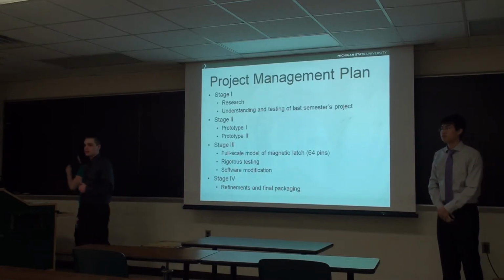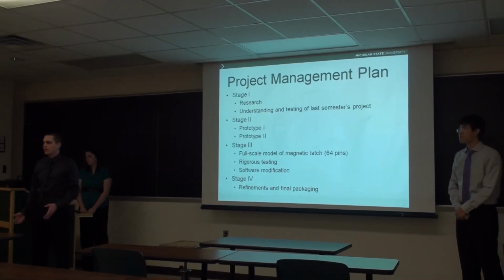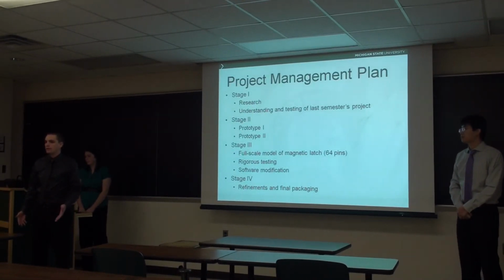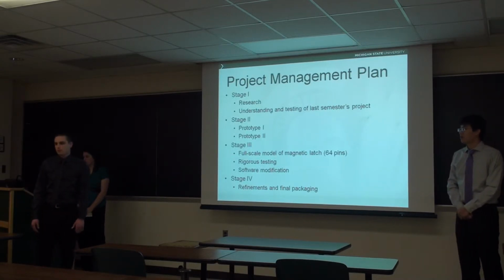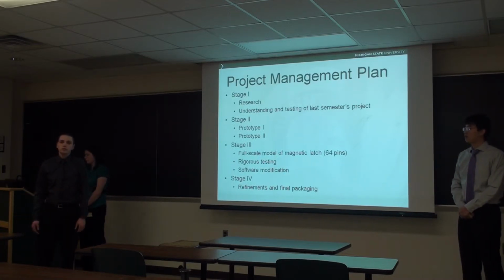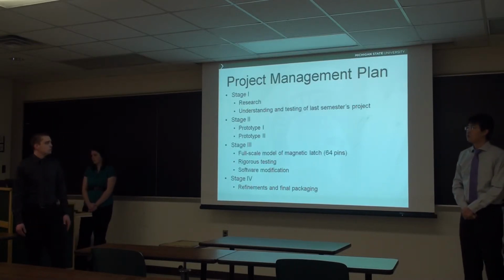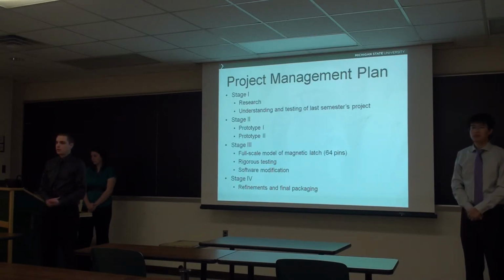So our project management plan was split into 4 stages. The first stage involved research into haptic technology and trying to find out exactly what it is and why we should use it. In addition to that, we needed to research last semester's project to find out what worked on it, what didn't, and what we needed to improve on. Stage 2 was to figure out the solutions to those problems and then build our prototypes based on the design that we wanted to build.